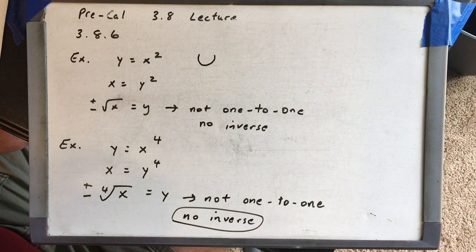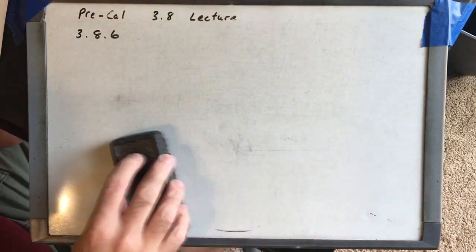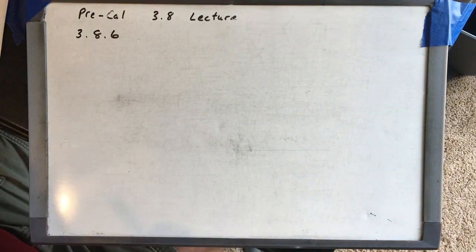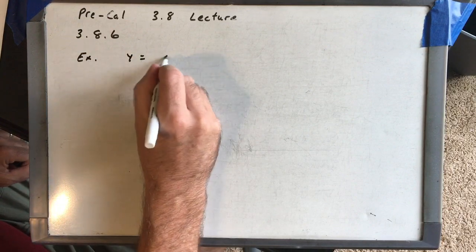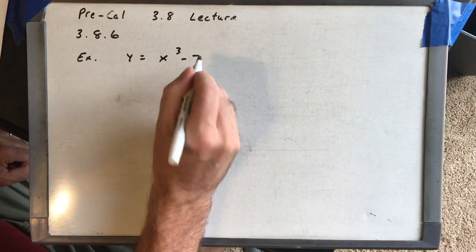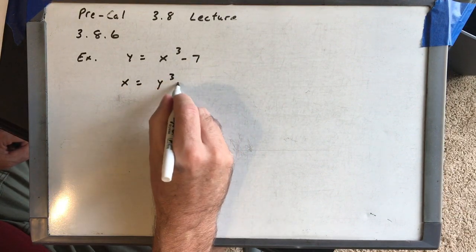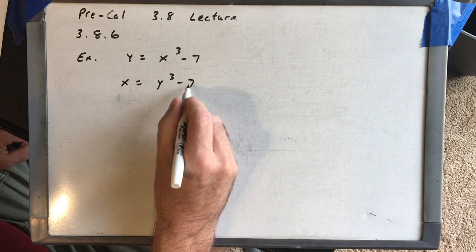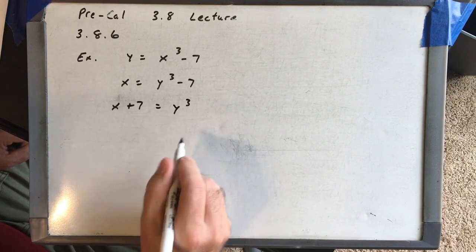Okay, let's do one more example and we'll be done. So we have y is equal to x cubed minus 7. Swap the x and y. x is equal to y cubed minus 7. Move that negative 7 over to the other side. x plus 7 is equal to y cubed.